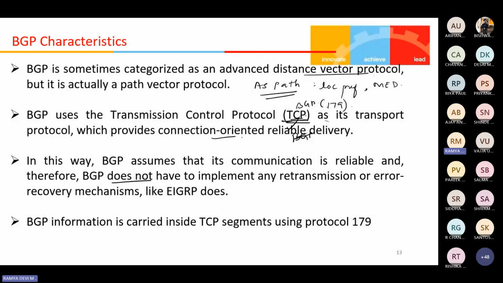So BGP messages will be exchanged in the form of TCP segments. Out of order and corrupted packets, everything will be handled by TCP, not by BGP. So BGP will be maintaining the routing table, that's it. And it will be sending only the updates when there are any changes occurring. That's it.